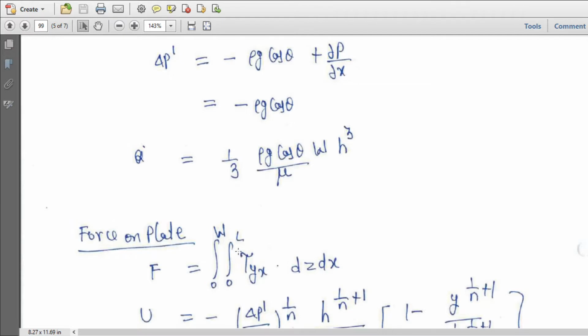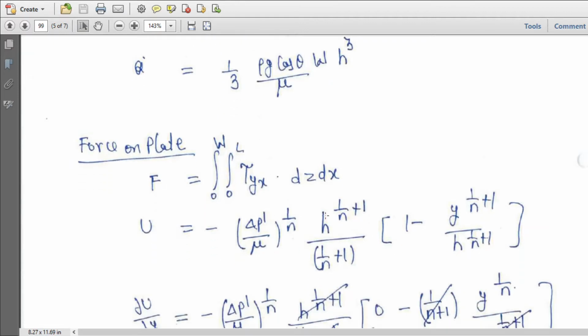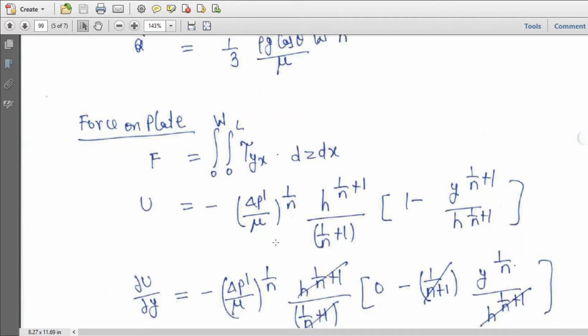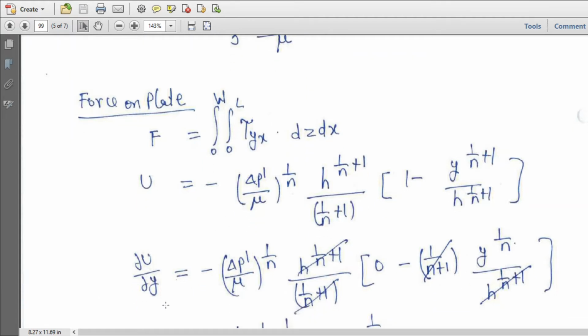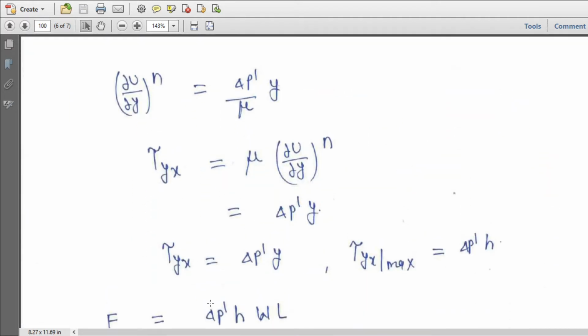For the force on the plate, just calculate the shear stress on the plate and multiply by area, so τ_yx into dA. For that, this is the expression for velocity. We want shear stress, so we can find du/dy. Differentiating from here, we will get the expression, then we can put the power of that, and we will get τ_yx equal to Δp' y actually.